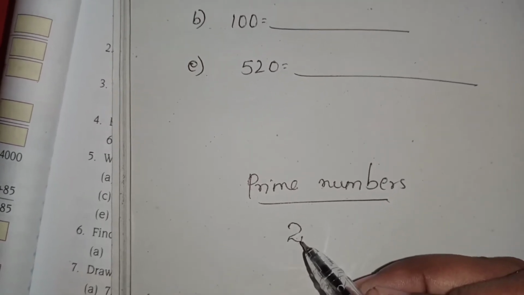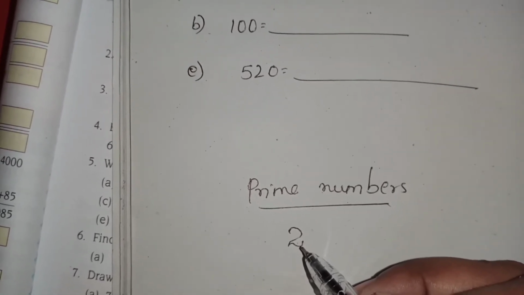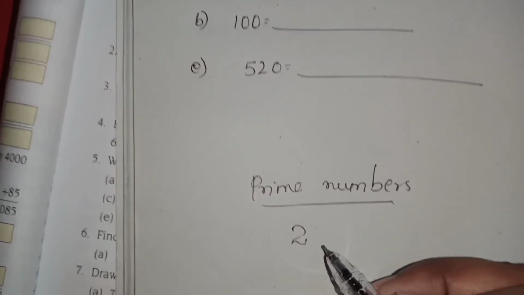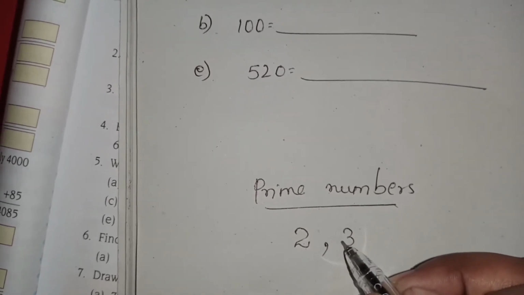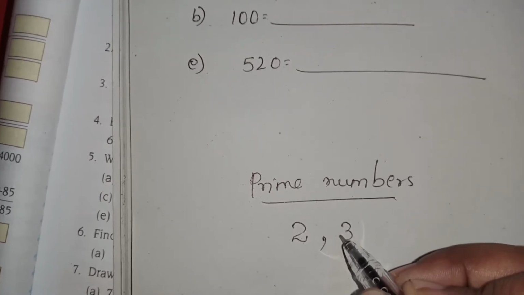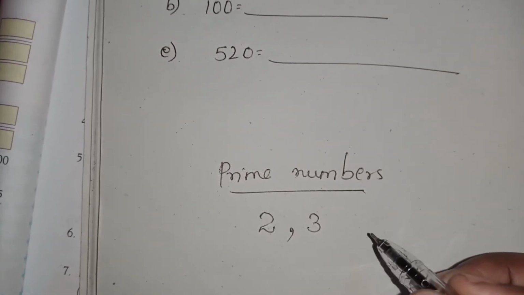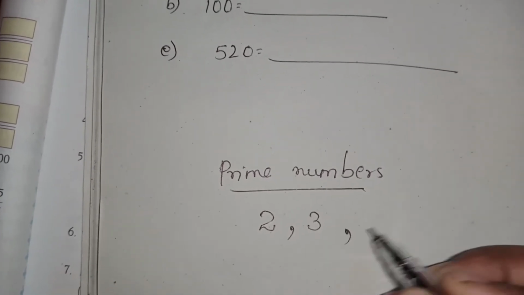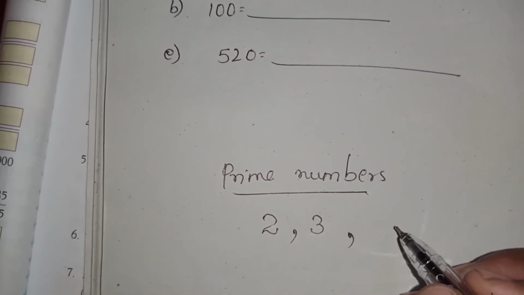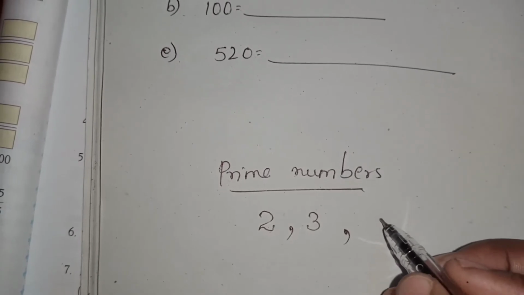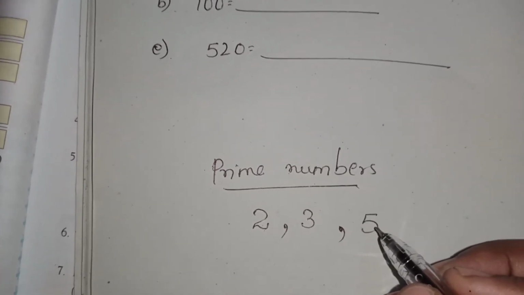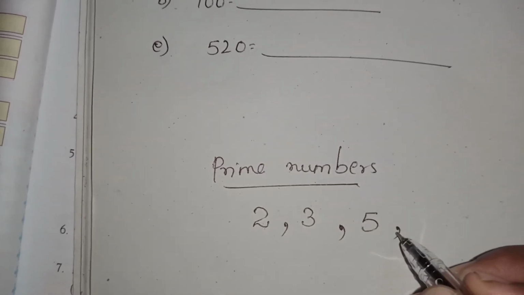It doesn't come in any other table, in 3, 4, 5, 6, so that means this is a prime number. 3 is also a prime number. It comes in its own table and in the 1 table, and it is divisible by itself only and by 1. 4 comes in the 2 table, the 1 table, and its own table, so it is not a prime number. 5 is a prime number. It comes only in its own table and in the 1 table.